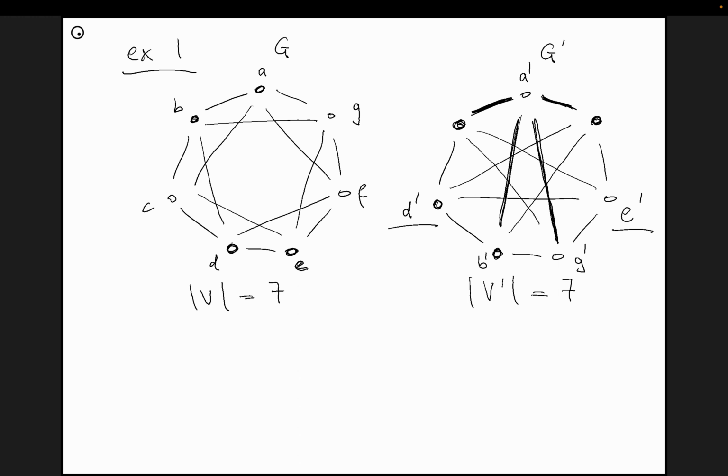So B is connected to D prime, so D here, yes. G prime, so B, G here. And A prime, so this is A here. And what we also have is the connection to C. So this one should be C prime.